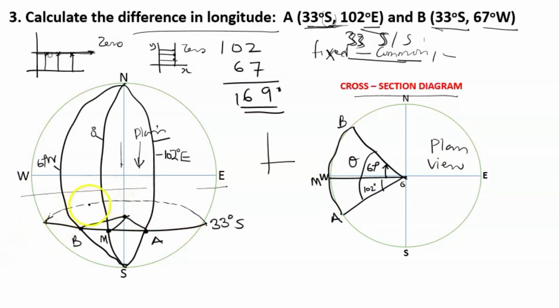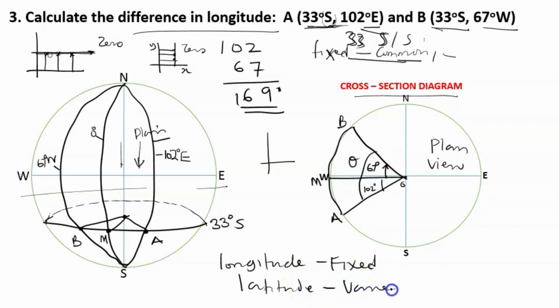All right, so we are going to be taking the next one now, and in this case, we are going to be looking at a scenario where the longitude is fixed. That is common, and then the latitude now is varied.